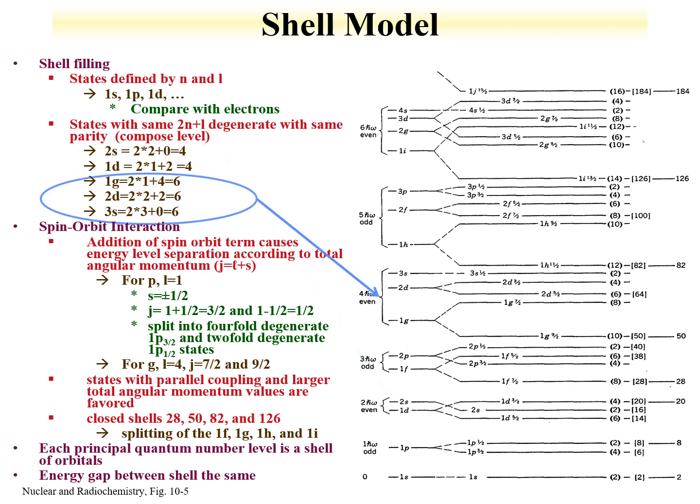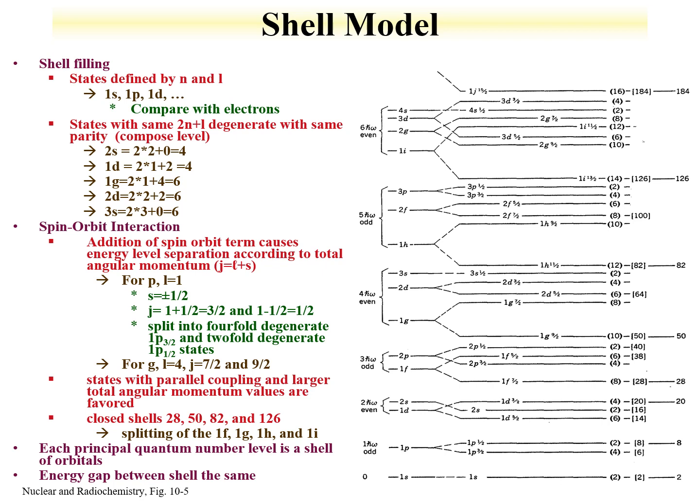We can see the same thing shown here, where we have the 1g, 2d, 3s, where all these equal 6, and those levels become degenerate. And then we have spin-orbit coupling interactions, where we can split the angular momentum, where j equals l plus s.